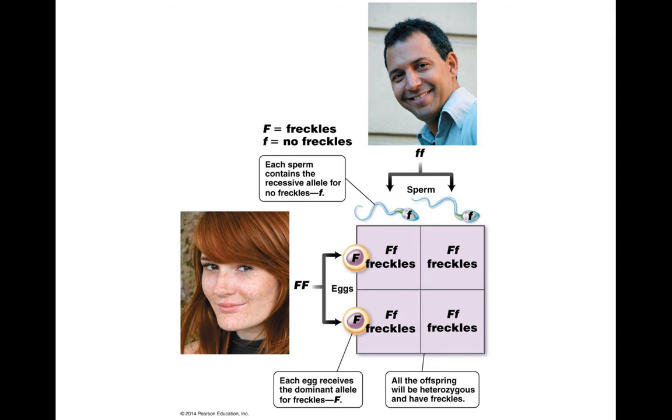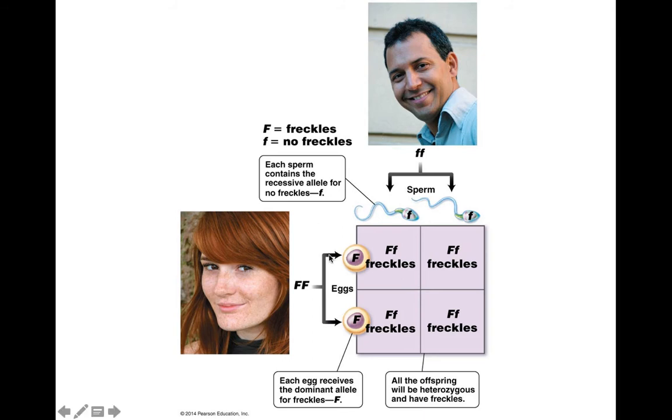And here we can see this again. Oh, I love it. Here we have eggs and sperm. This is so funny. So this guy in his sperm is only going to contribute the recessive allele. This beautiful young lady will contribute the dominant allele.